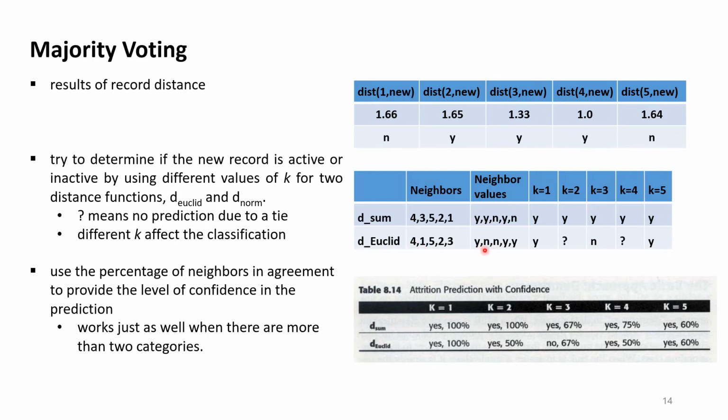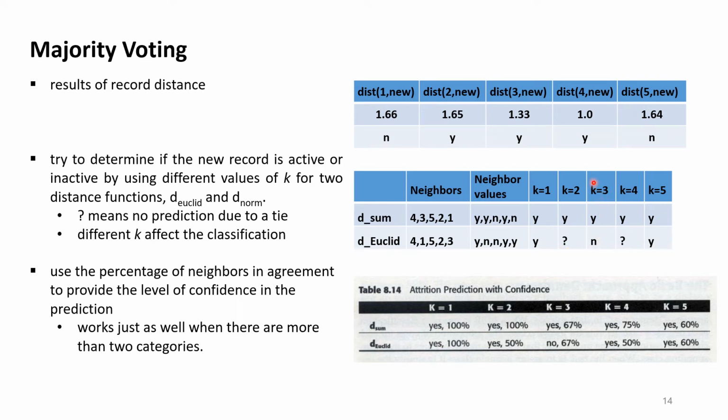So we have a tie. In majority voting, each data has the same vote, 1 vote. So we have a tie, 1 y and 1 n. This question mark means we cannot decide.